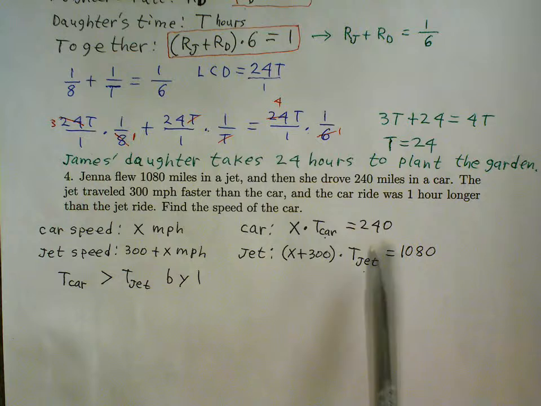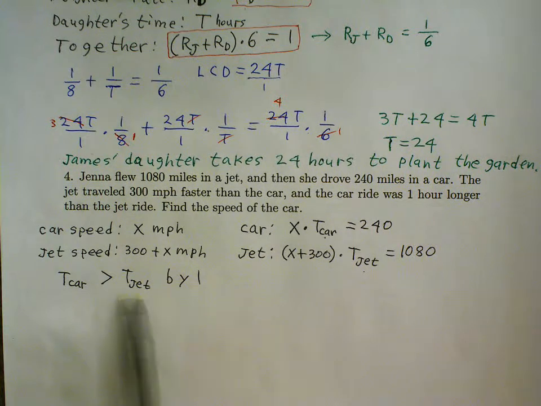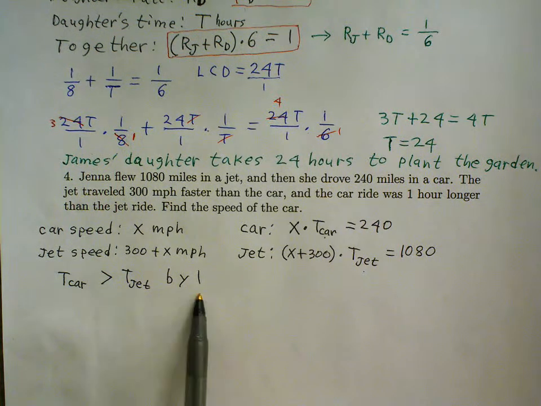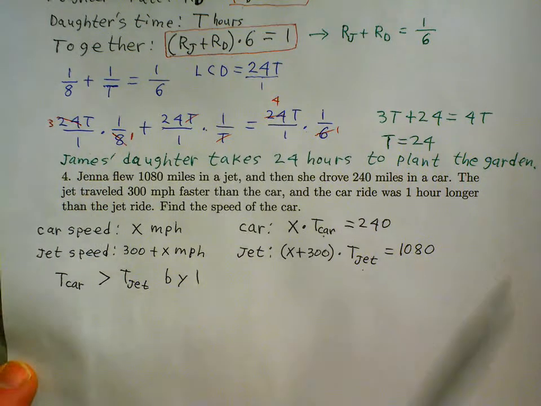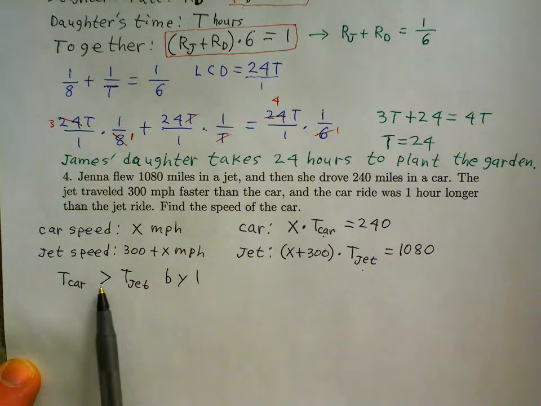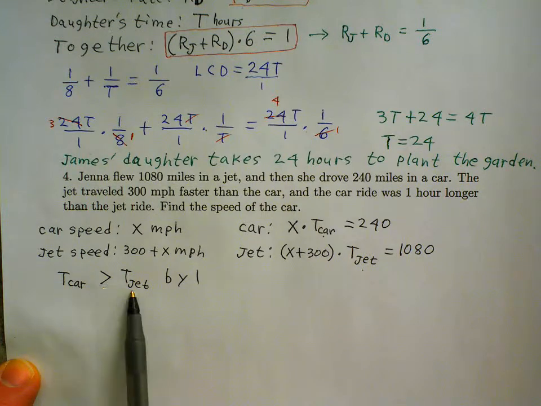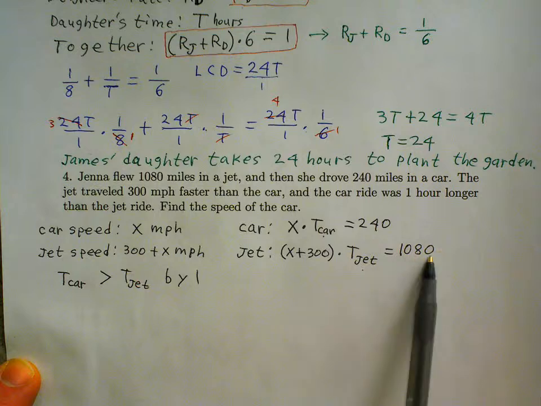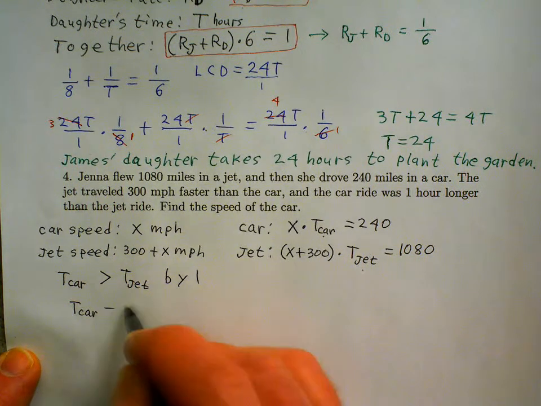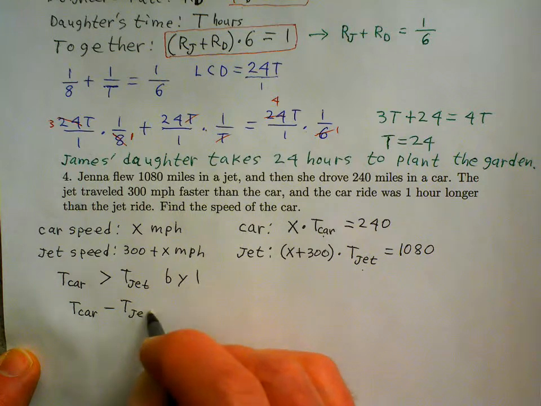So we're going to use the two equations and the inequality to come up with that equation. So first, let's convert this inequality into an equation. So t sub car minus t sub jet equals 1.